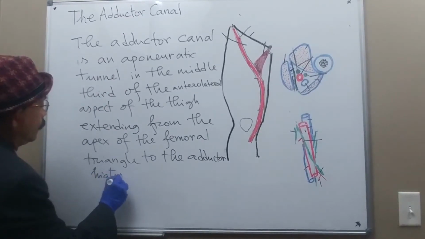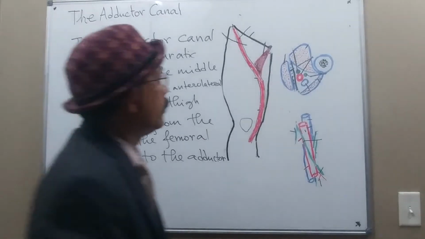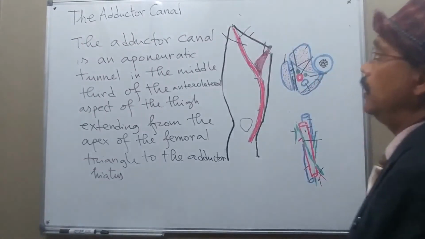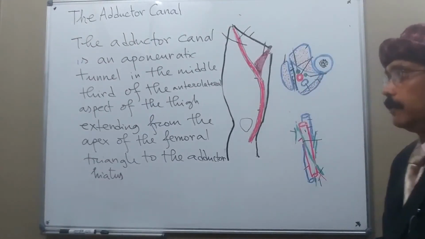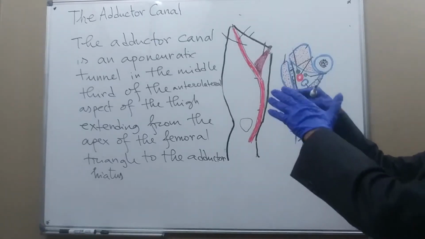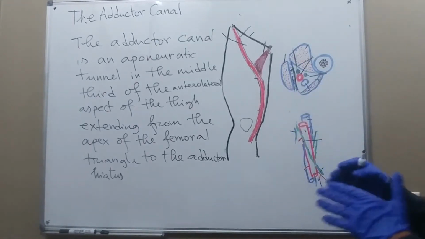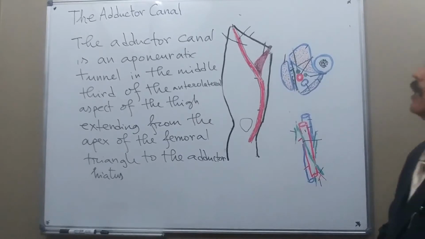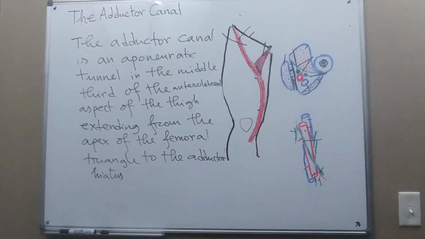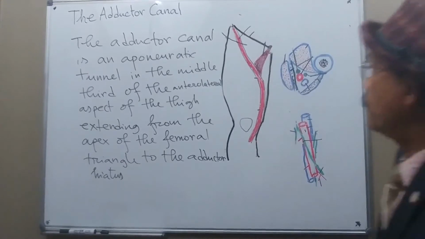Okay, so we got the definition: the adductor canal is an aponeurotic tunnel, you can call it an intramuscular passage, in the middle third of the anterolateral aspect of the thigh, extending from the apex of the femoral triangle to the adductor hiatus.